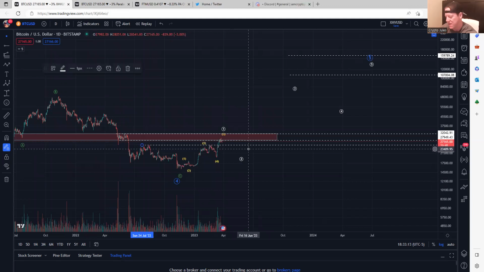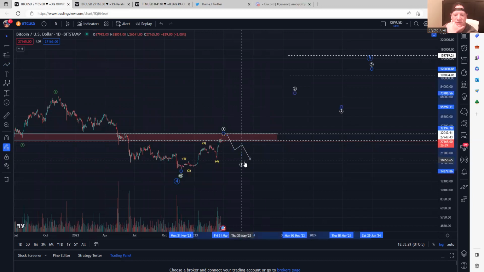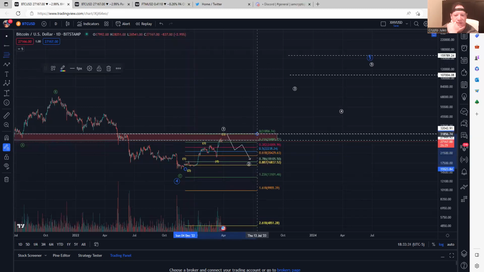So if we end up getting a rejection up here, we want to see this rejection move in a 3-wave structure, which would be a 5-wave impulse down, a 3-wave up, and then another 5 down, which could take us into the lower 20s range before we put in a 2.